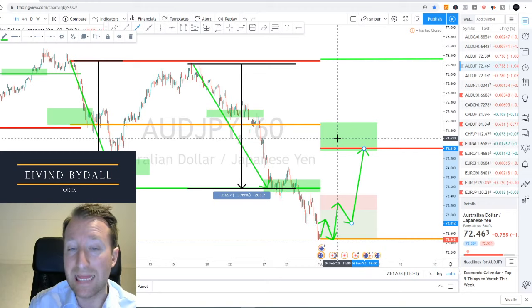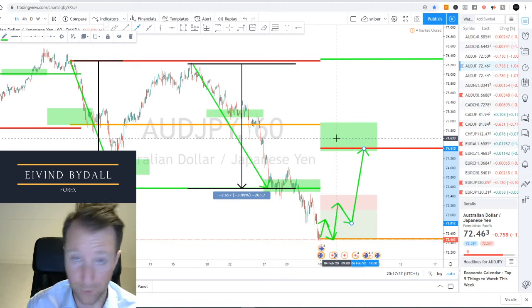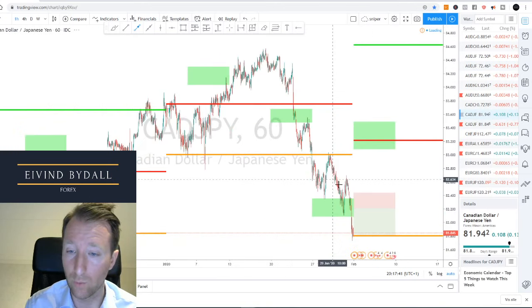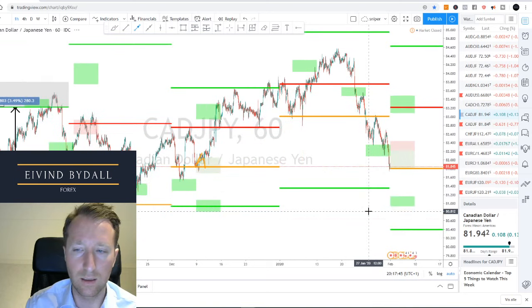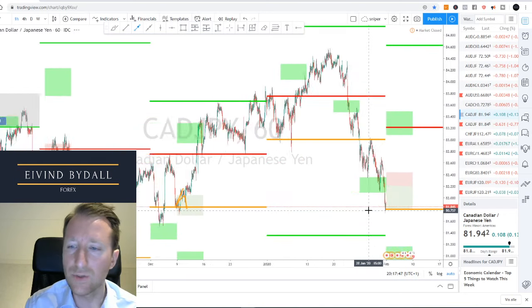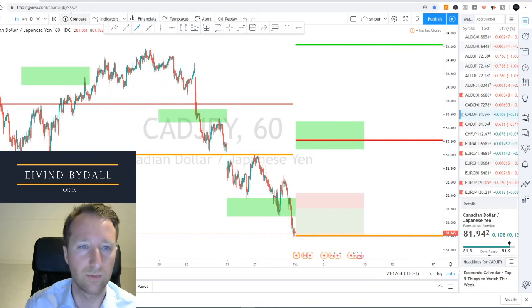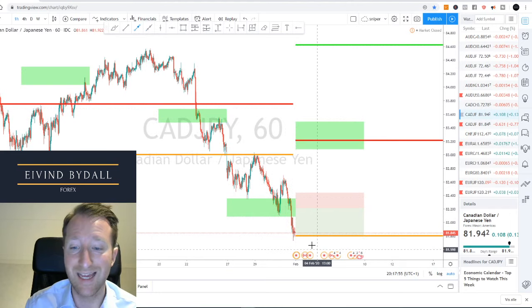Then it would be a clear sell. Right now we are a bit low for sells, so I won't take it. But you can buy it if you want, if you're a buyer. Clear and square. CAD yen is interestingly not bearish enough. Aussie yen was way shorter than this one.